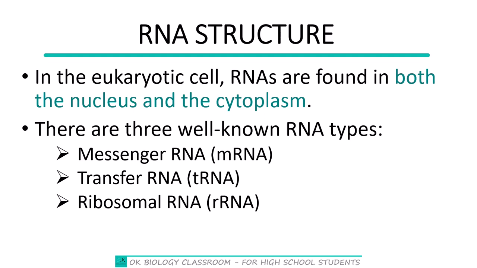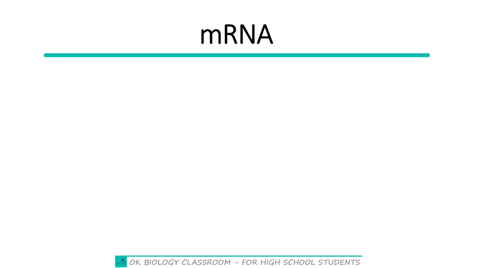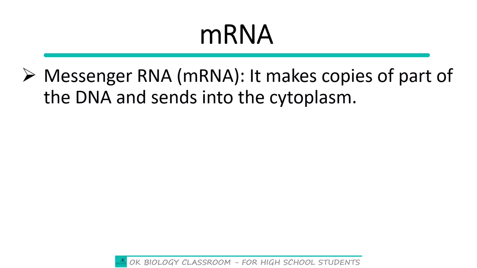So let us quickly look at what the functions of these RNAs are in the cell, starting with the first one on our list. We're going to talk about messenger RNA, mRNA. So what does the mRNA do in the cell? Well, the function of the mRNA is to make copies of parts of the DNA. That is its function, to make a copy of part of the DNA.